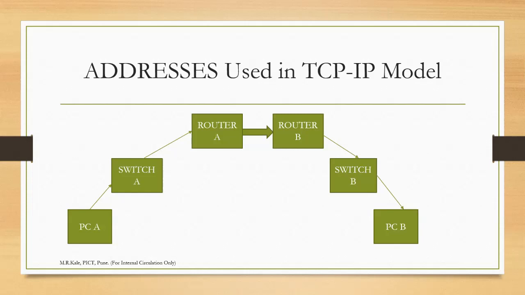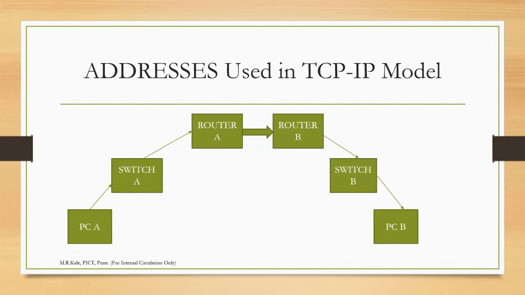Then we have a router which communicates with another router, and both the routers operate at the network layer. The addresses that are handled by the network layer are logical addresses, that is IP addresses.